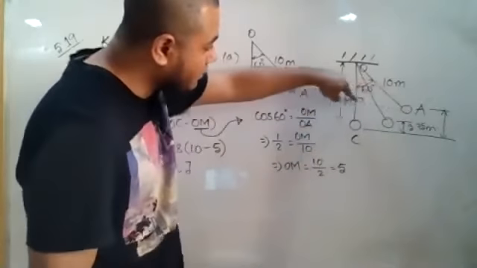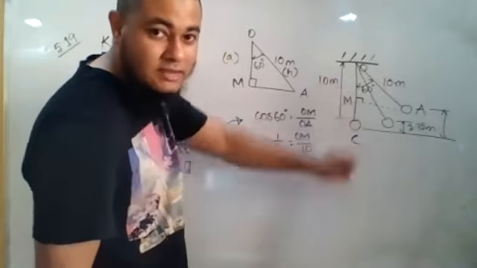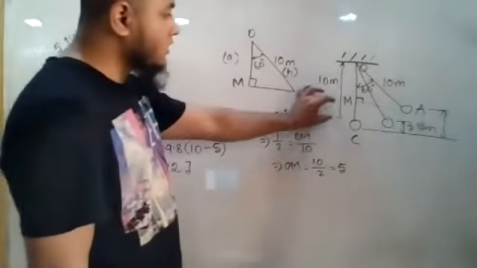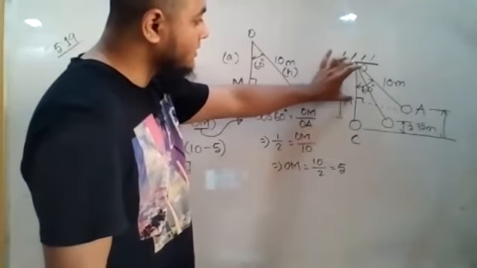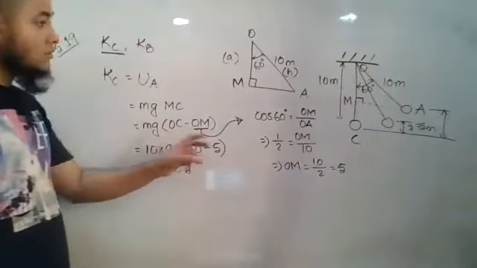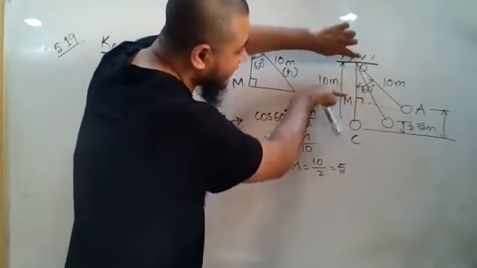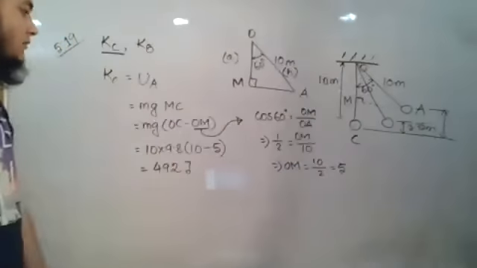If I draw a perpendicular from here, then the height, as I can see here, is MC, right? So the height here is MC. Now I do not know any calculation for MC, but I can find it out. OC minus OM. From OC, if I subtract OM, I will get MC. So that is what I have written.